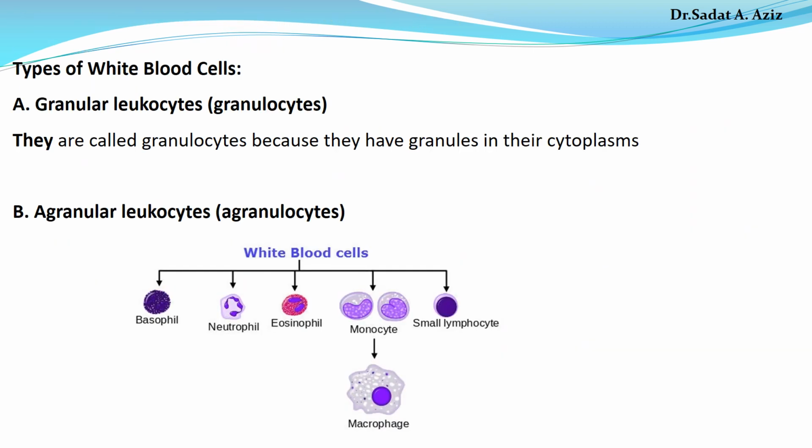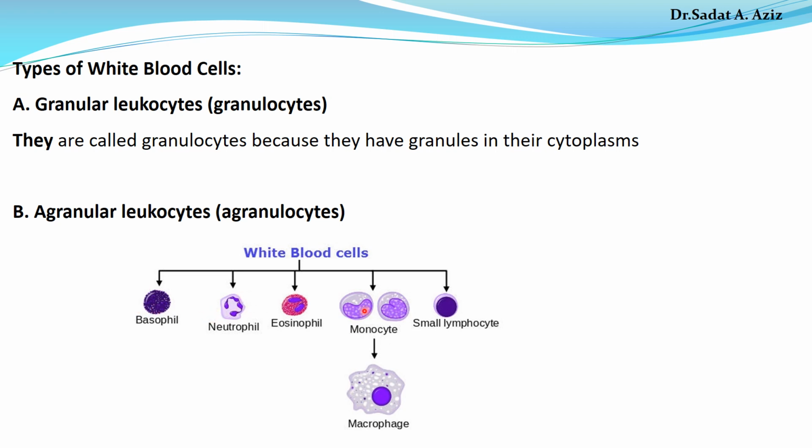We have different types of white blood cells, and they can be classified into two main groups. The first one is called granular leukocytes. They are called granular leukocytes because the cells normally contain granules within the cytoplasm, so they are called granulocytes.